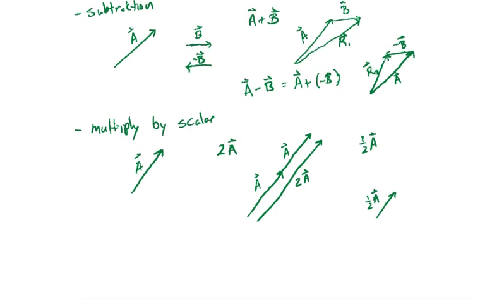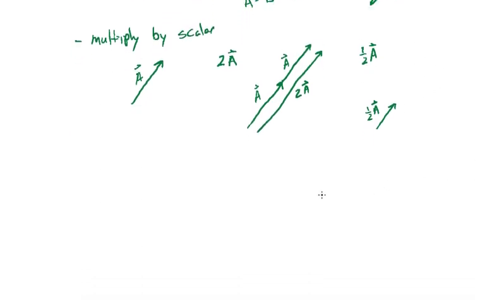One last note: be sure when you're doing this that you do that walkable path, tail to tip. What I mean by that is, if I have vectors A and B and I have to do A plus B, I can't do something like this.